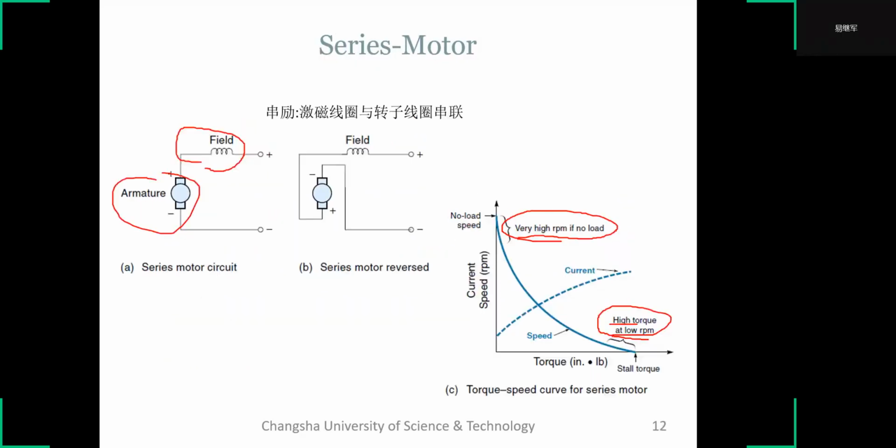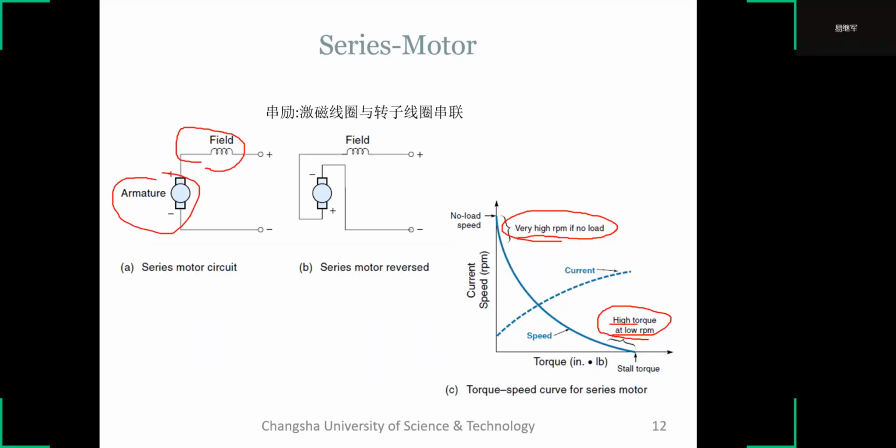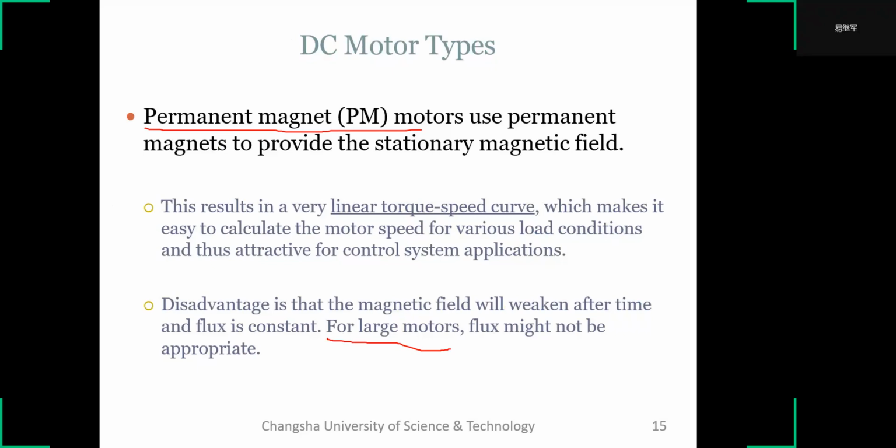Here is a wound field. In the wound field, the magnetic field is provided by the coils. In the permanent magnet motor, the magnetic field is provided by the permanent magnet.